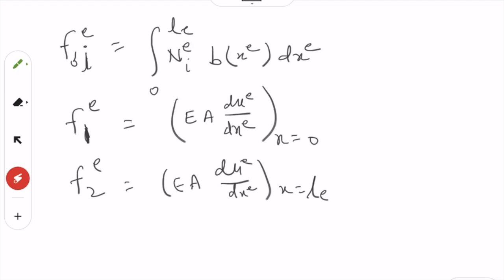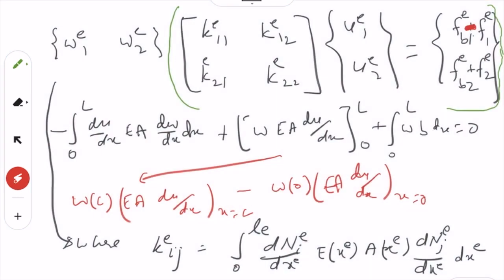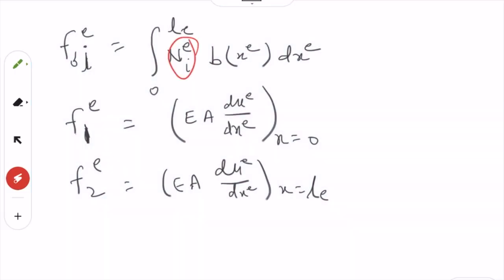We will do it in detail in chapter 4, we will solve the problem in chapter 5. Right now what we want to do is just get a motivation, what is the idea behind using the shape function, why we are writing it this way and what is the physical meaning of doing this. That is one thing.